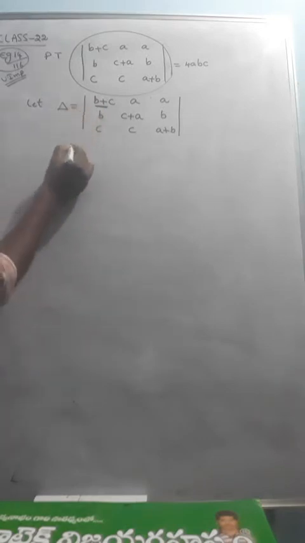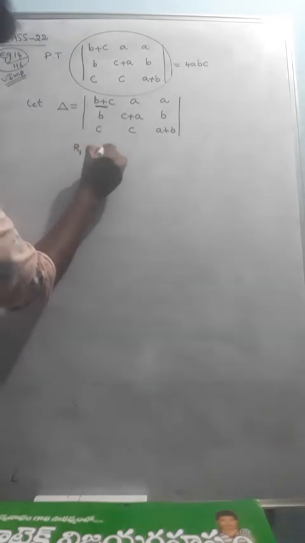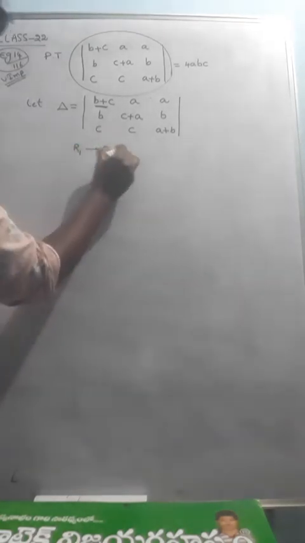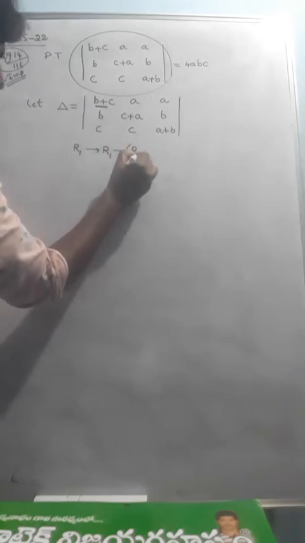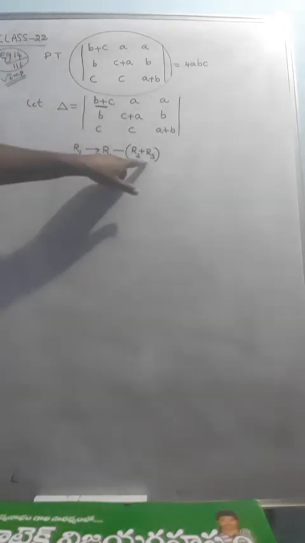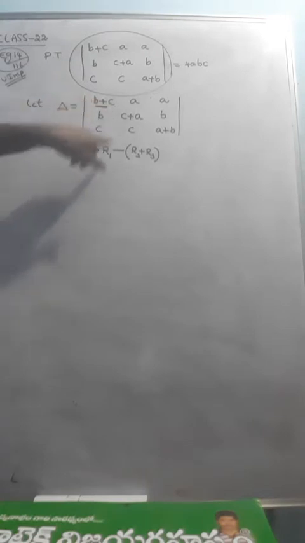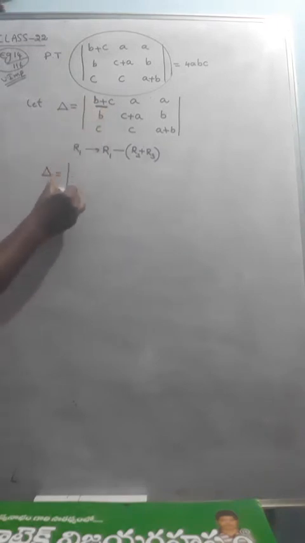That means I want a change in R1, like R1 minus of R2 plus R3. R2 plus R3 gives b plus c, and if you remove that from b plus c, you get 0. So if you apply this operation, delta is equal to the determinant of 0.